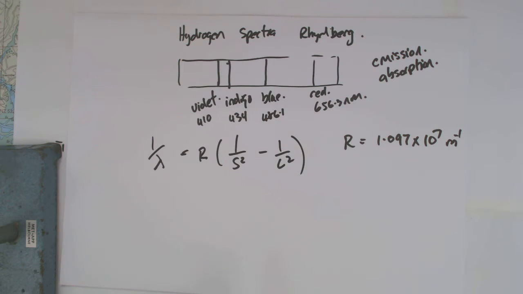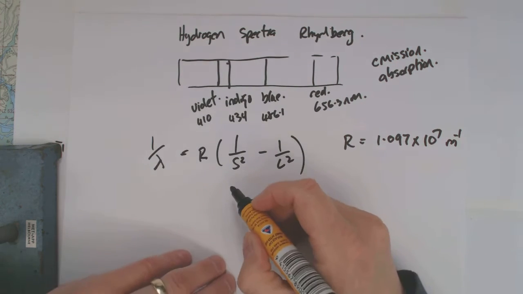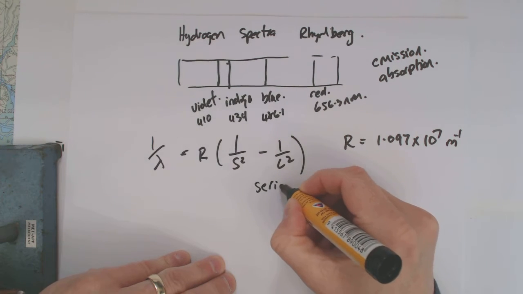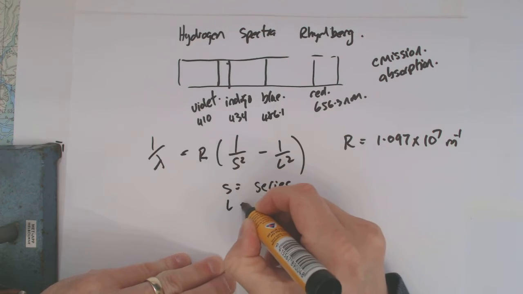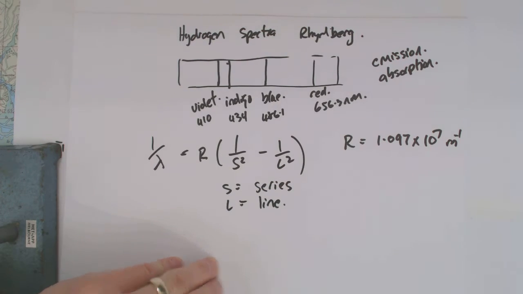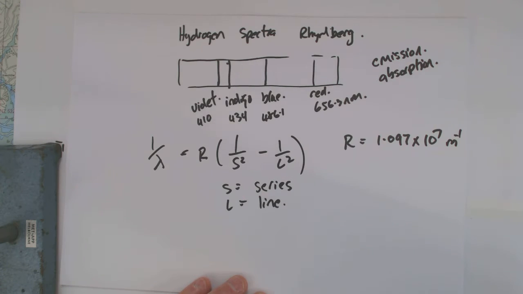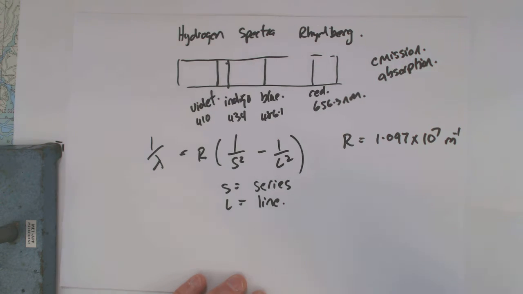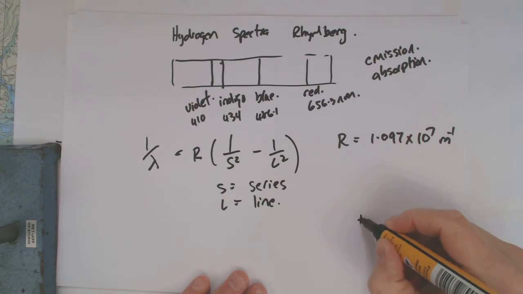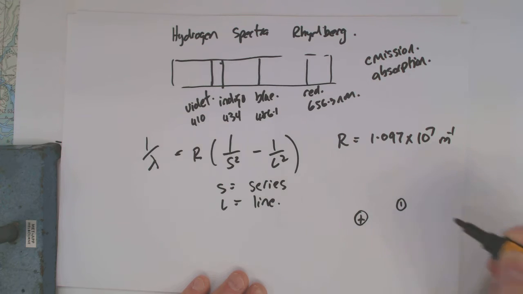So what does the S and the L mean? Well, the S is for series, and the L is for line. And this visible spectrum is not the actual highest energy spectrum. So what we're going to find is we've got this hydrogen atom with one electron.